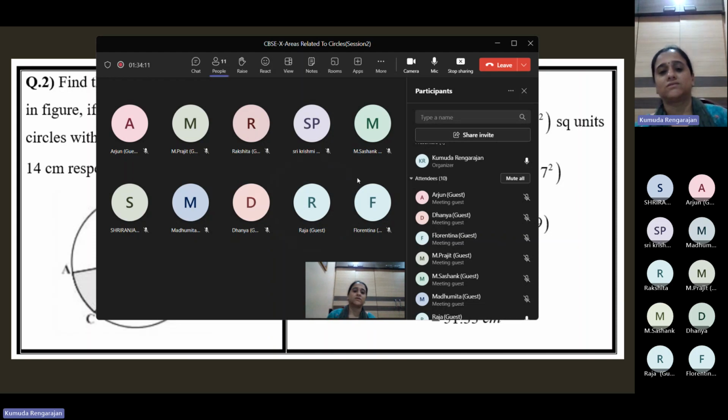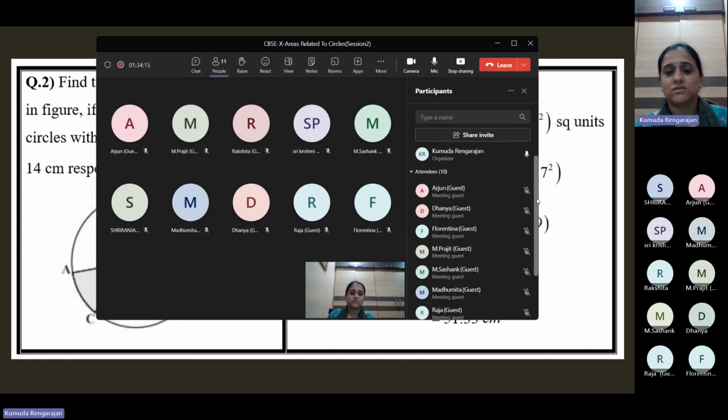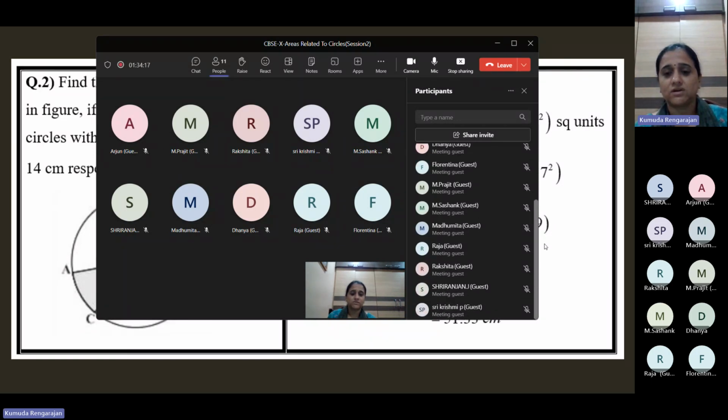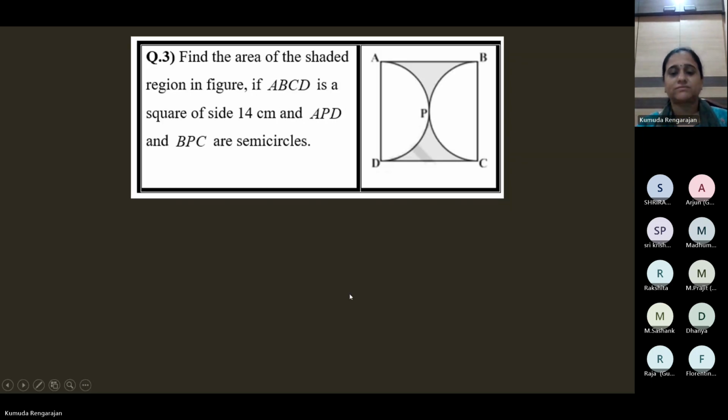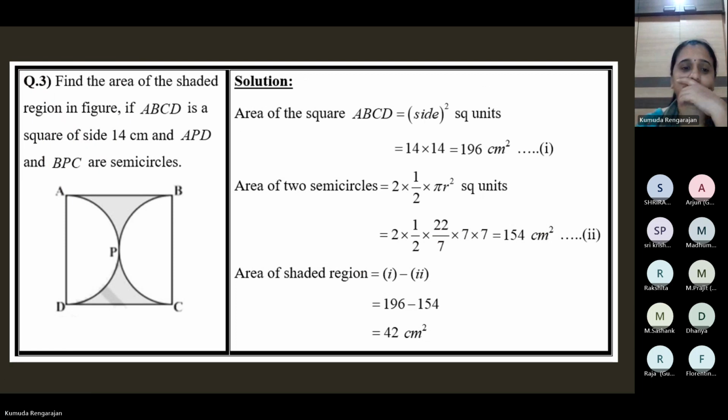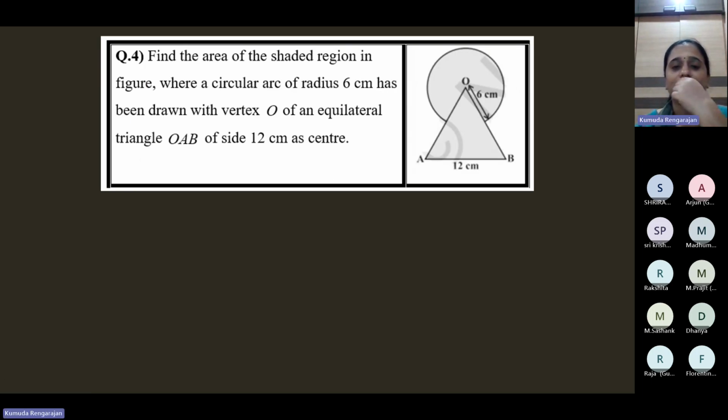Very good. Okay, nice. Danya, Florentina, Prajit, Sashank, Rakshit. Rashmi, since you will not be able to communicate, I didn't ask you anything. You can later text me if you're following.